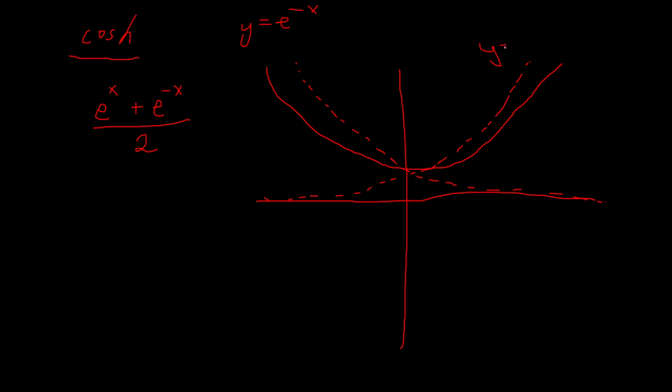When you sum up e to the power of x and e to the power of negative x and divide by 2, you're summing two values and finding the midpoint, the mean value. Taking a value over here and a value over here, finding the average of this will give you a function of cosh. So it's simply the average of a particular value of e to the power of x and e to the power of negative x. That's how I view hyperbolic functions.